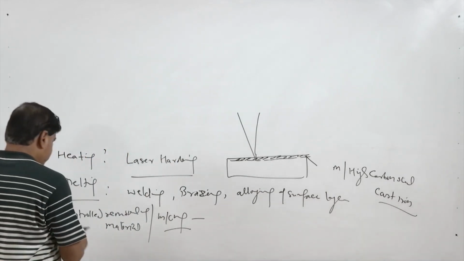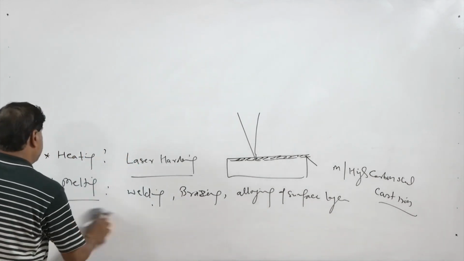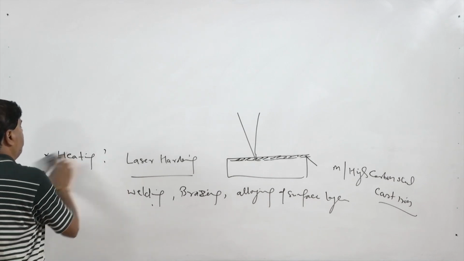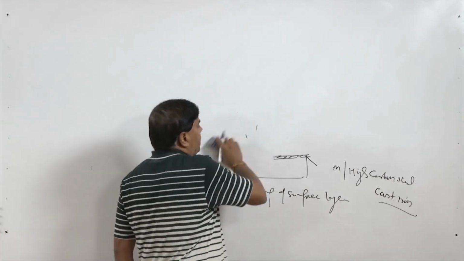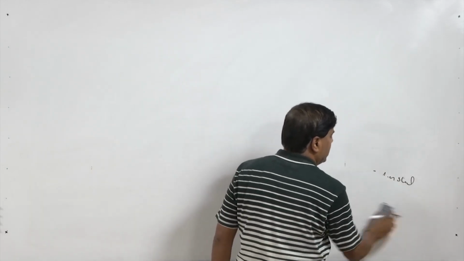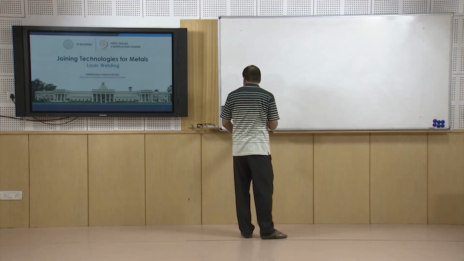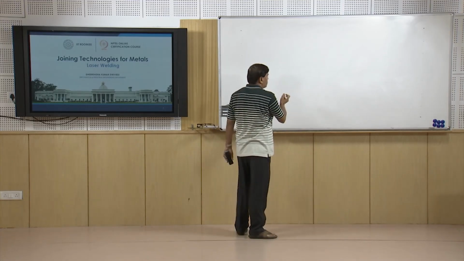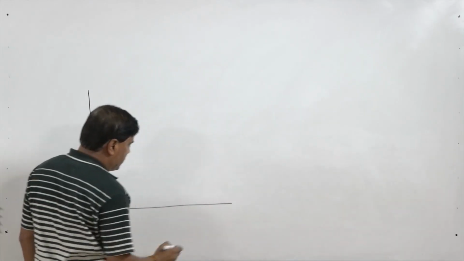So, machining, welding or melting, and heating can all be achieved by adjusting the power density of the laser being applied over the surface. There is one very general guideline diagram which will help us to see the kind of approach which is used.